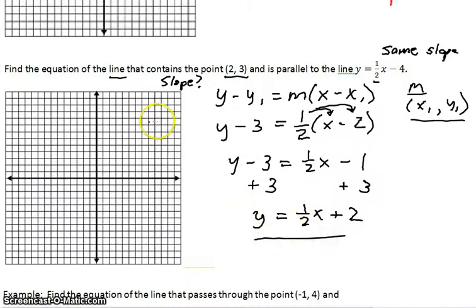And if I wanted to graph this, I would start at 2 and I would go up 1 over 2. And I would know this is parallel because it has the exact same slope. And this one would start at 4, or excuse me, negative 4. Go down one more, up 1 over 2. And they're parallel to each other.